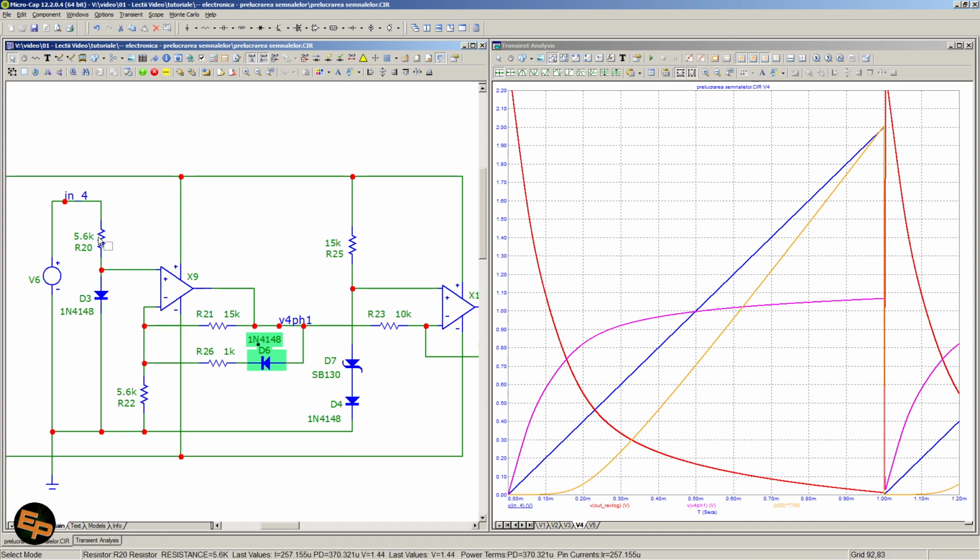This resistor, of course, must be calculated based on the maximum voltage on the input, the voltage that we desire on the diode, and the current that the diode needs to have in order to provide us that particular voltage. Just like in the previous example.